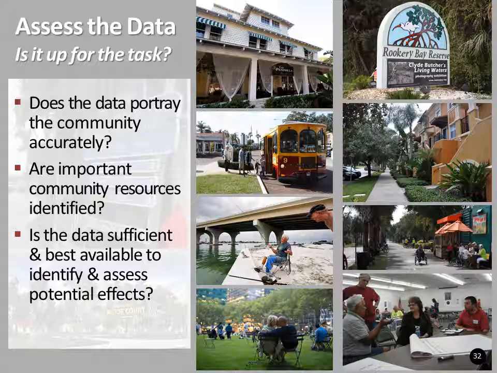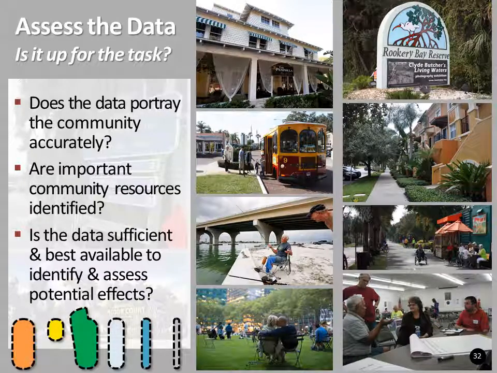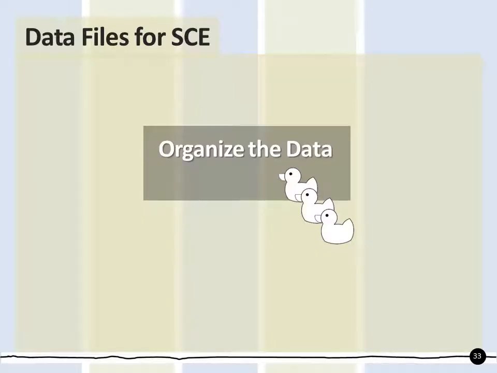If you have any reservations about the accuracy of the information, you'll want to resolve those issues before moving to step 4 of the evaluation. Then, based on all that you've learned about the community up to this point, make any needed adjustments to the preliminary study area boundaries. Once you feel confident about the community data you have compiled, organize it so it's easy to access during the remaining steps of the SCE evaluation.